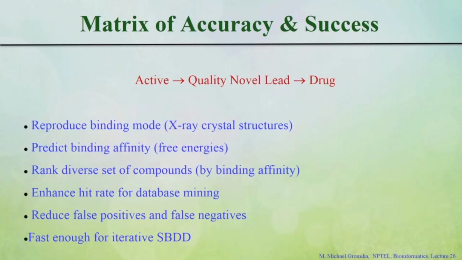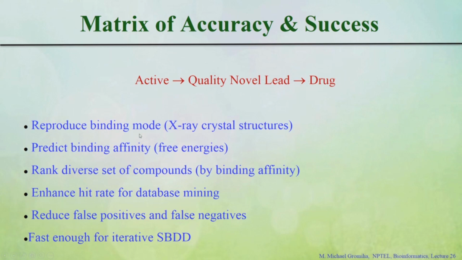Then what do we need in virtual screening? There is a set of compounds, several are actives and some of them are inactives. We need to identify the actives and inactives, reject the inactives and get the positives. Then we have to get quality in our lead, because then it could potentially be a drug.